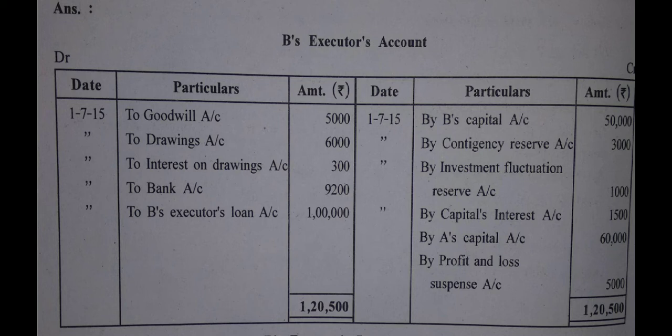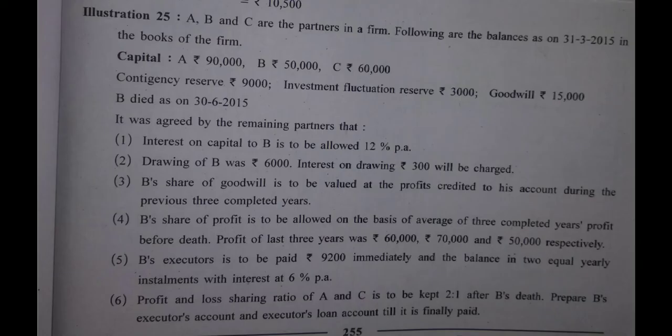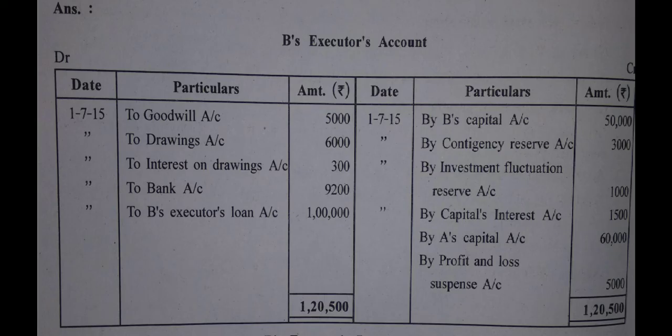Here they have presented the column of date. The date is 1/7/15. The account has been prepared after his death. He died on 30/6/15, if you can see. So 1/7/15, just the next day. So to goodwill account 5,000. I hope you all are able to understand.